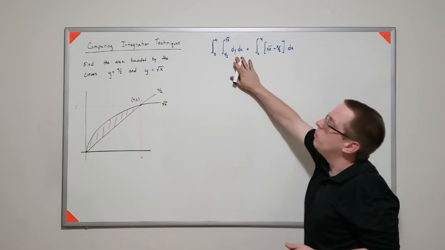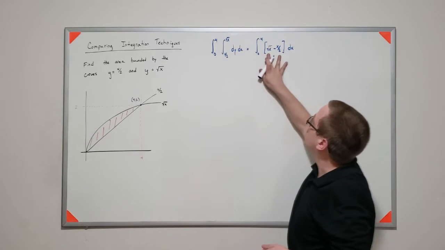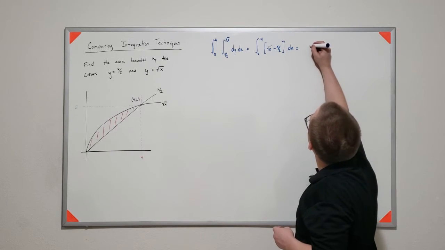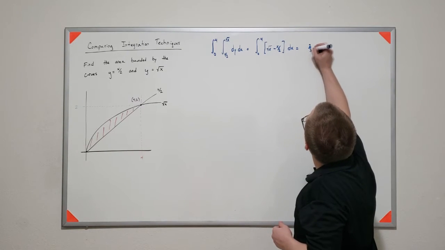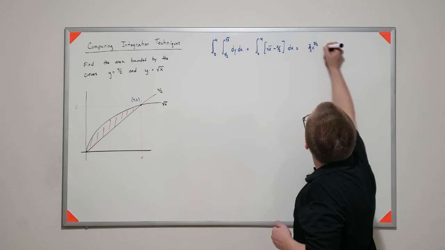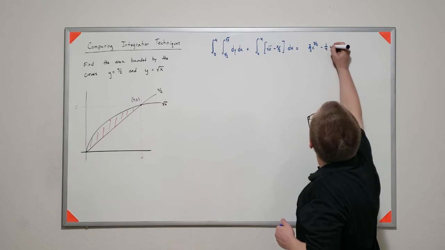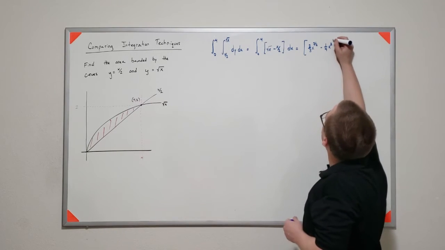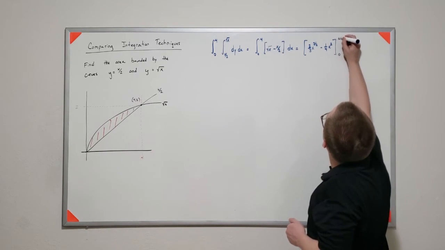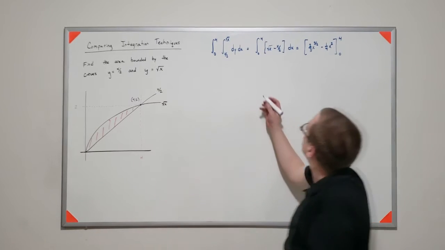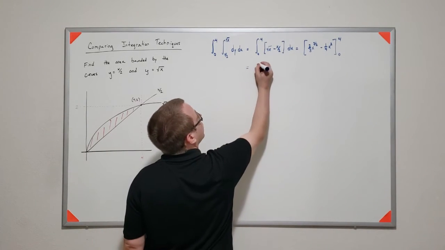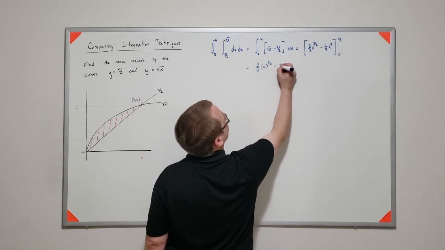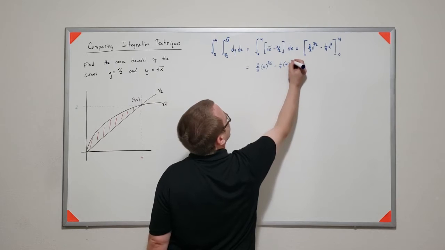So in that case, we integrate, we get y, we plug in the limits, it gives us that. We keep going, we get two-thirds x to the 3/2 minus 1/4 x squared. So when we plug in the 4, we have 2/3 4 to the 3/2 minus 1/4 4 squared.